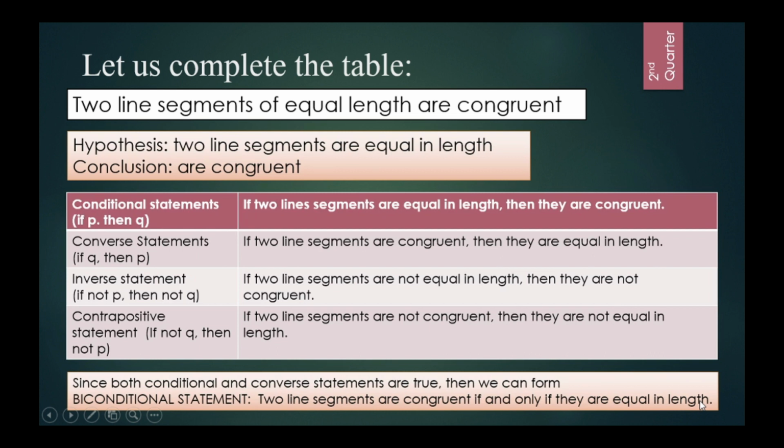Tandaan, ginagamit lang ang biconditional statement kung ang conditional at ang converse ay parehas true. So, dahil dito, parehas true, kaya tayo nagkaroon ng biconditional statements, which is two line segments are congruent if and only if they are equal in length. Alright?